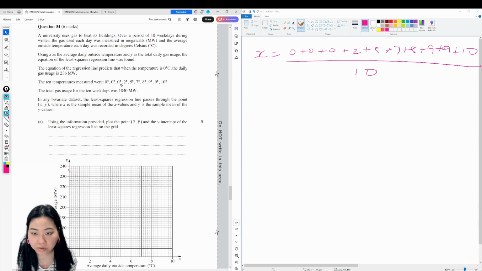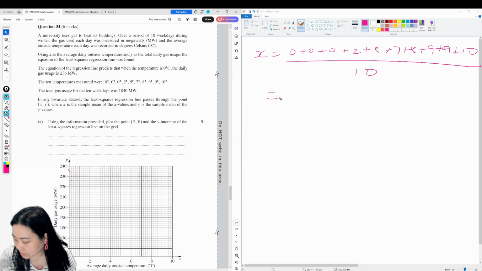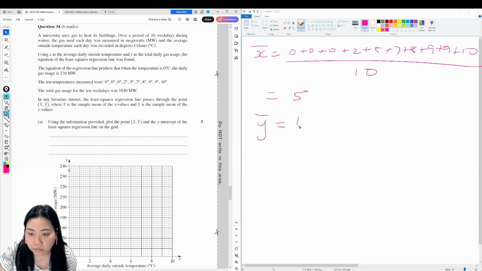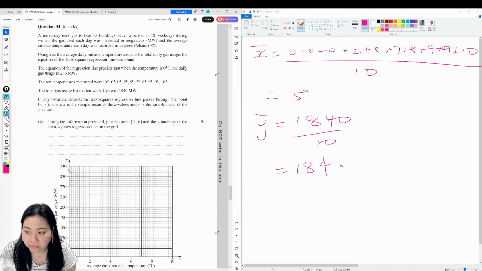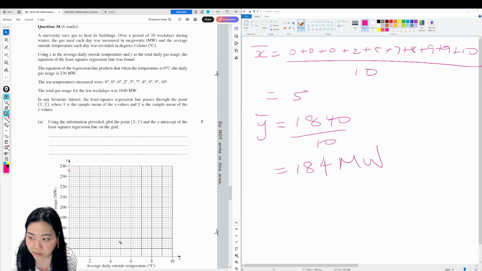That turns out to be 5 degrees. Then Y is going to be 1840 divided by 10, which is 184 megawatts. Therefore, the point is 5 and 184.